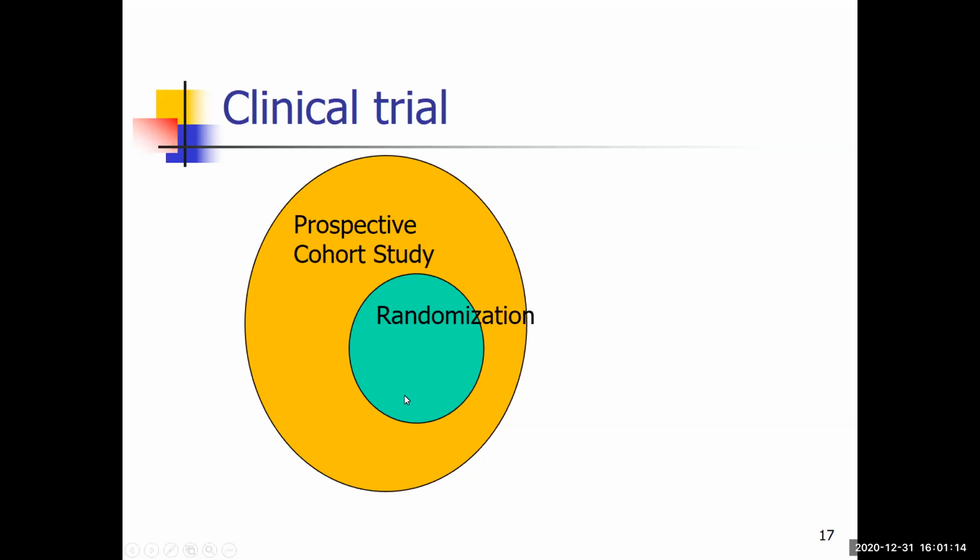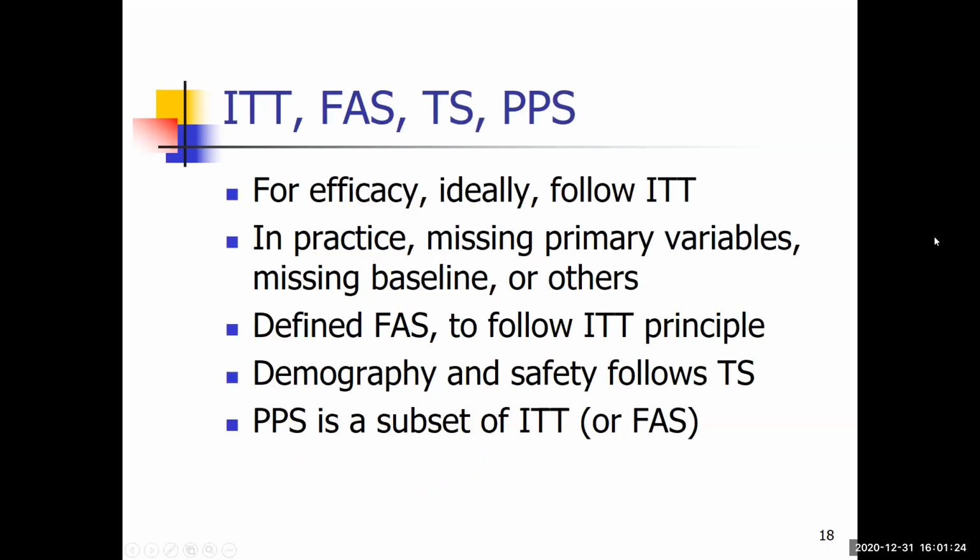Baseline demographic data and safety data are, by nature, prospective cohort study, so they are observed in nature. If you're looking at observed data, you have to look at the treated set. So demographic and baseline data as well as safety data follow the treated set.